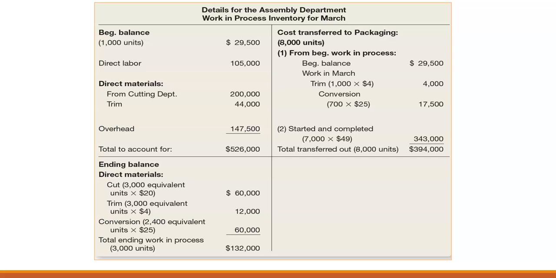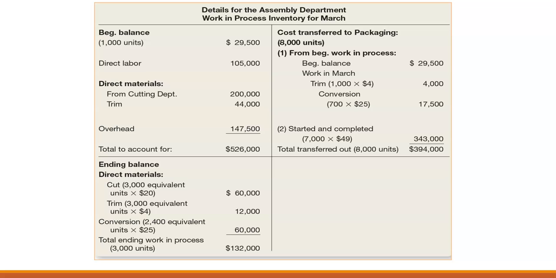In our ending balance, we have equivalent units of 3,000 for materials and 2,400 of conversion. That is because in the conversion or production process, we have 80% complete. So we take the 3,000, we're 100% complete for materials, which is why it's 3,000, and we're 80% complete for conversion.